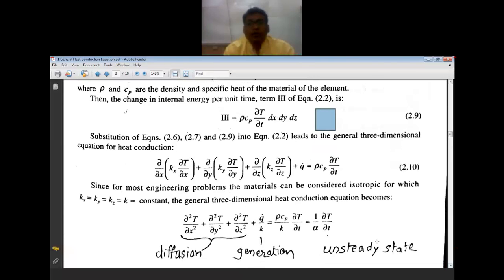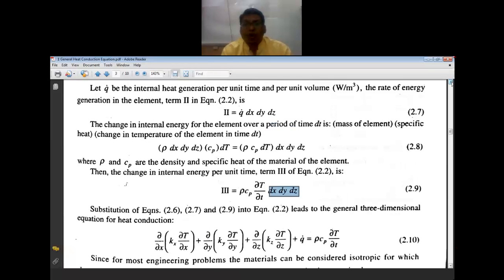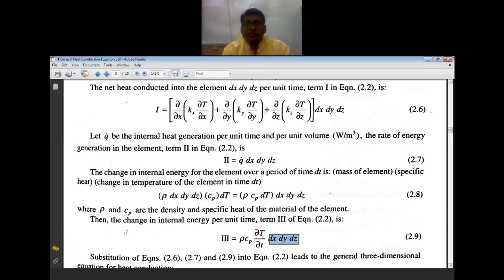So now all the three are to be written in a single equation, where we have cancelled the terms dx, dy and dz, that is common in all the three equations. So these three equations are there. First term, that is the net heat conducted into the element. The second term, Q dash, the internal heat generation per unit time.